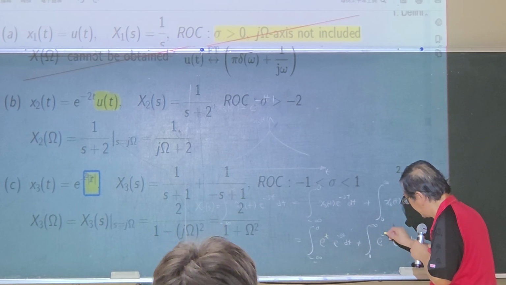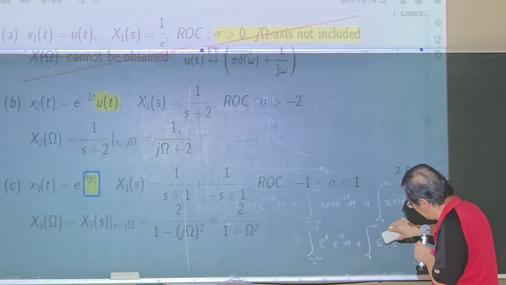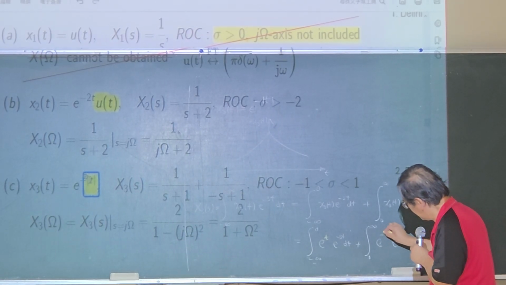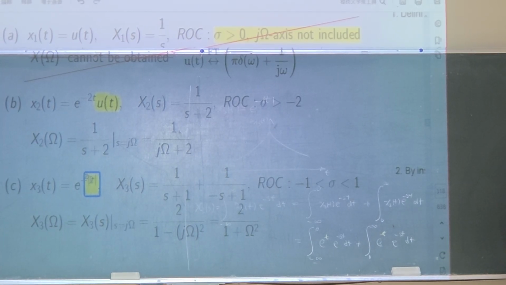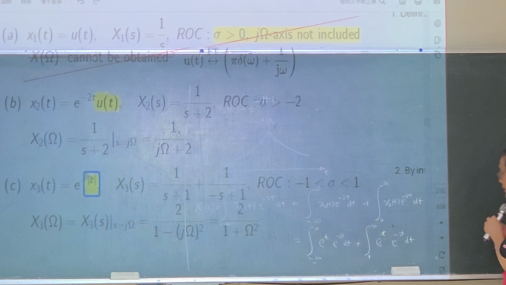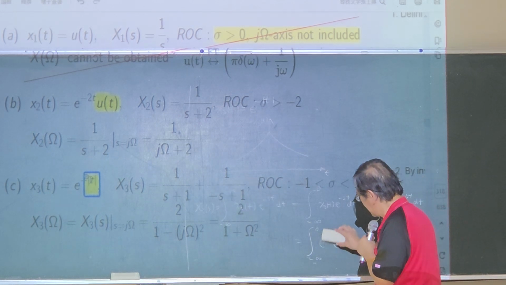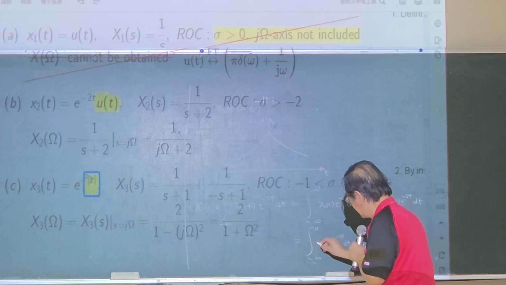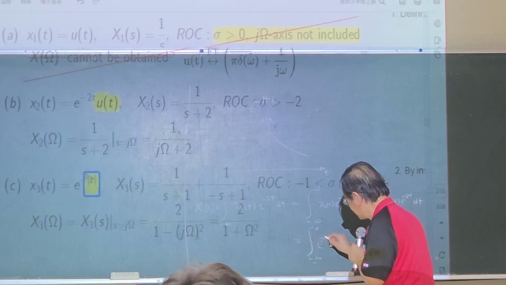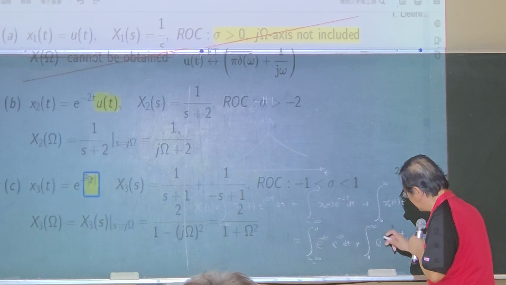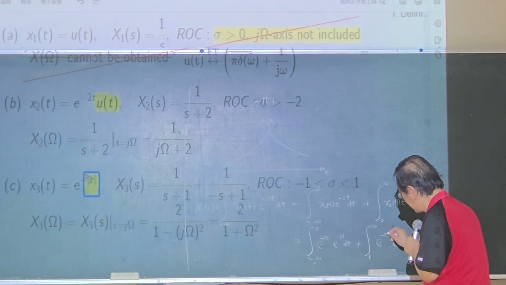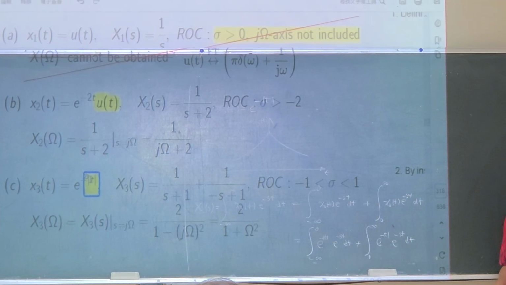So that's why I put it on this side. And then you repeat that again. So originally this is e to the negative absolute value of t, and you turn over.